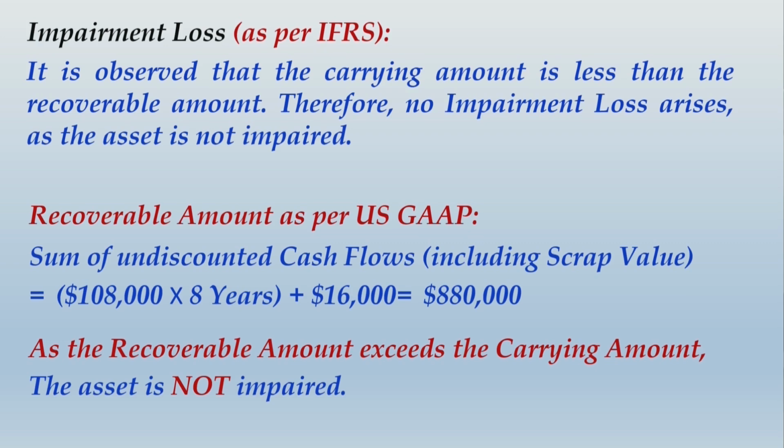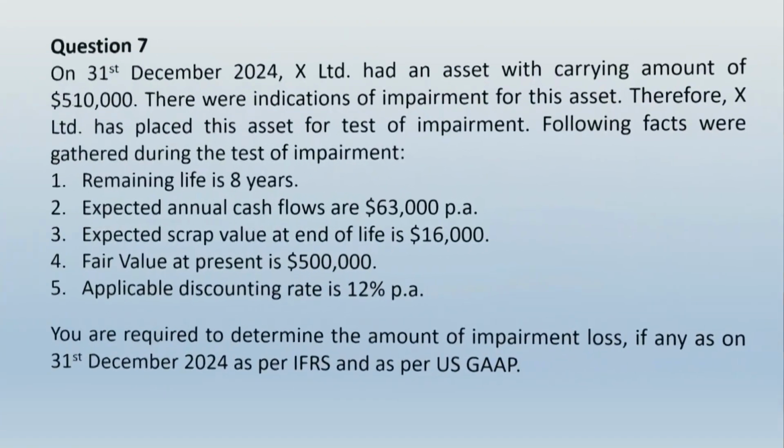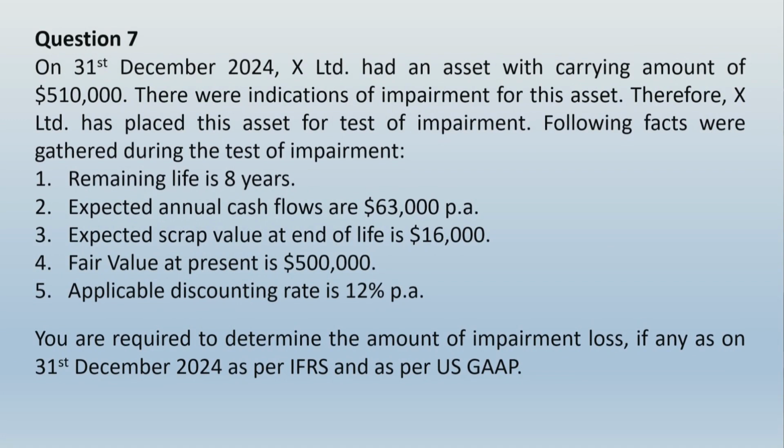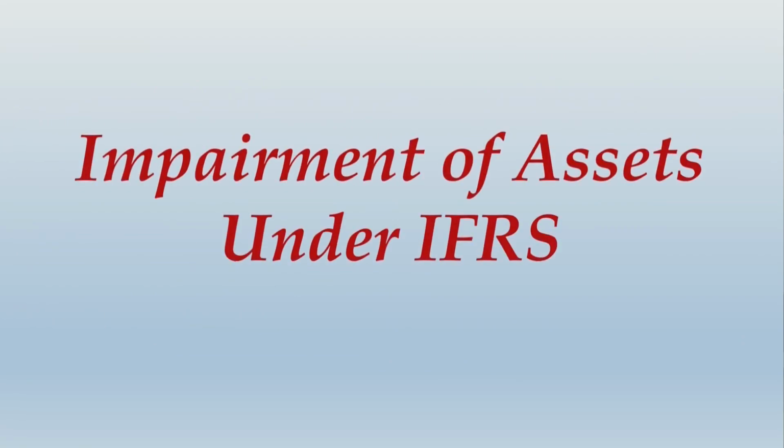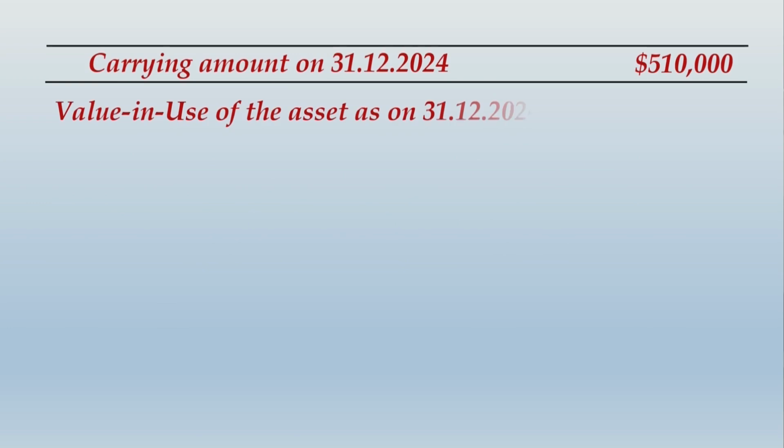Let us have one more question like this for practicing. Once again, I will give you 5 minutes time to make all your calculations. Let us check your calculations. Impairment of assets under IFRS. You would have started with the carrying amount on 31/12/2024.